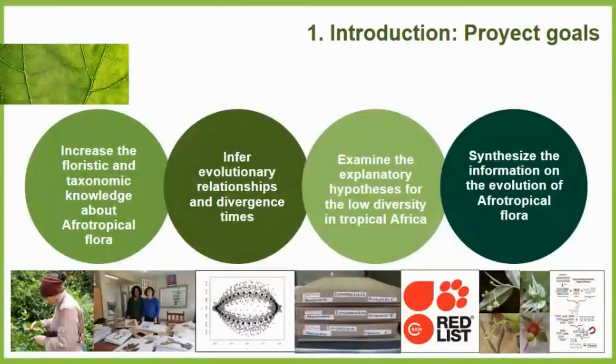So what are the project goals? The first goal is to increase the taxonomic knowledge about Afrotropical Africa. The second is to infer the evolutionary relationships of these clades and their divergence times, and to see which patterns could emerge in each of the clades or genera that we work on.